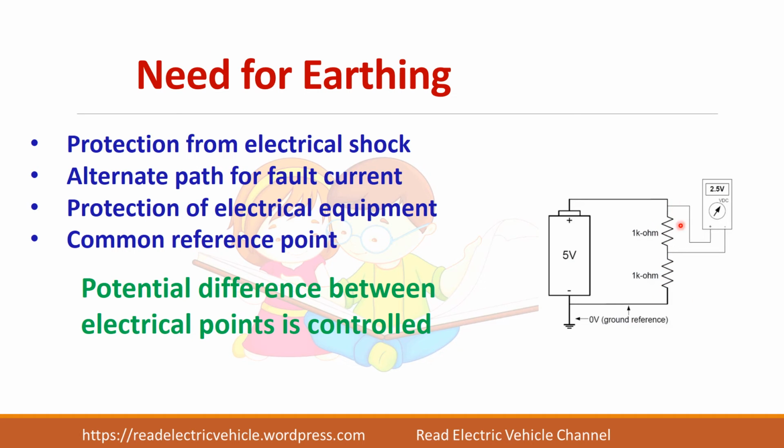If I measure the voltage across this resistor between these 2 points, it is going to give me a different voltage. But if I have a common reference point, then I will get an idea how much this voltage is greater than the other device, or comparatively I can understand the potential of each device separately.